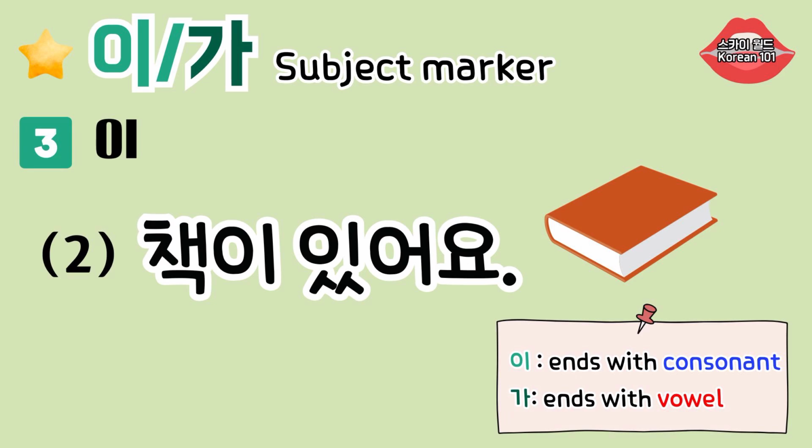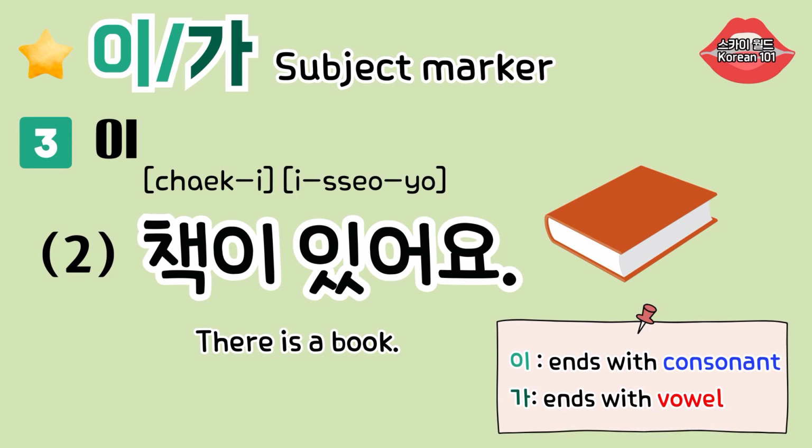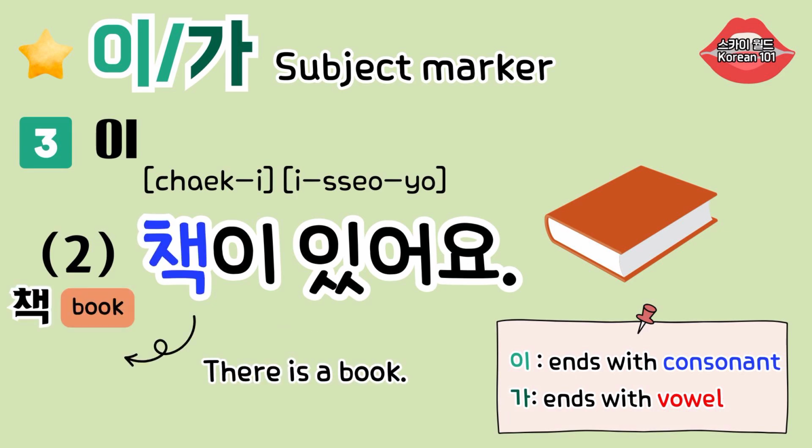책이 있어요. There is a book. So 책 means a book, and it is the subject of the sentence. 책이 있어요. And 이 is the subject marker. And as you can see, the noun 책 ends with a consonant.